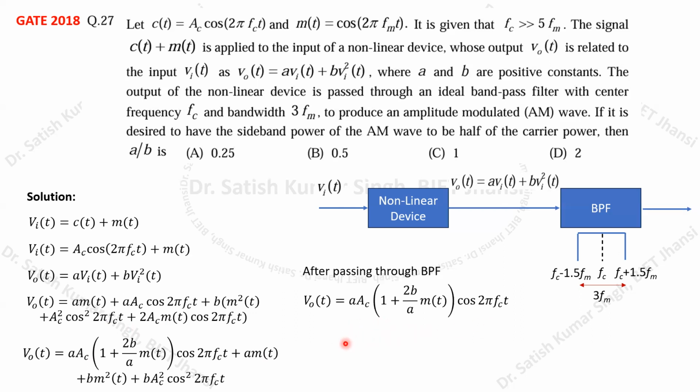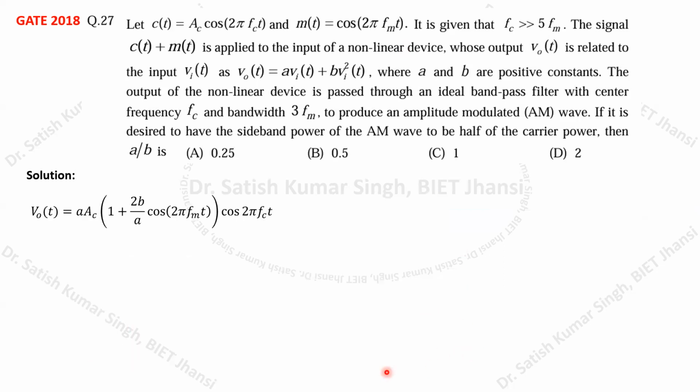Now we can see this is the condition, and this is your equation. We can substitute m(t) equals to cos 2 pi fmt, so here we have cos 2 pi fmt. Now we can further solve this equation and expand this expression. If we expand it, you will see we get one carrier term, and here we get the multiplication of your carrier with the given message signal.